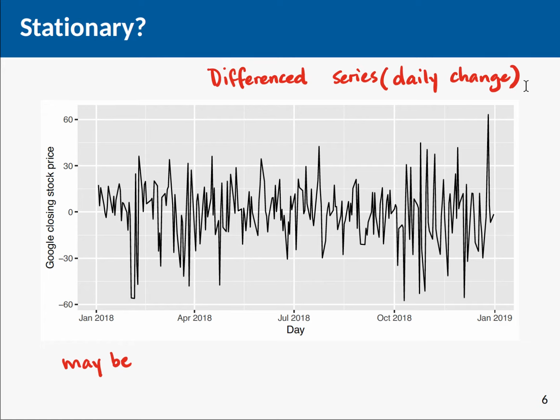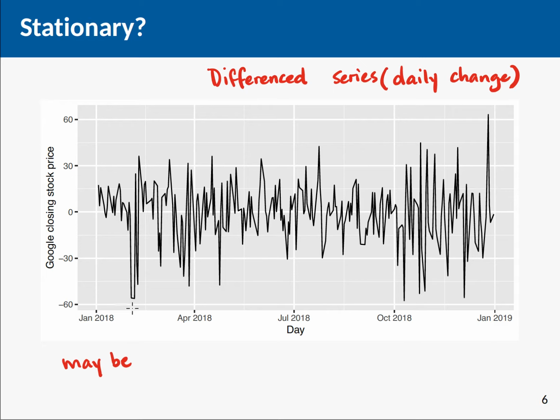But if we take a look at the daily change in the same series, so we call this the difference series, now we're looking at what is the change from one day to the next. This series is going to look a lot different. It looks roughly horizontal, right? It's not climbing up or down. And there are some periods of changed variability over time.